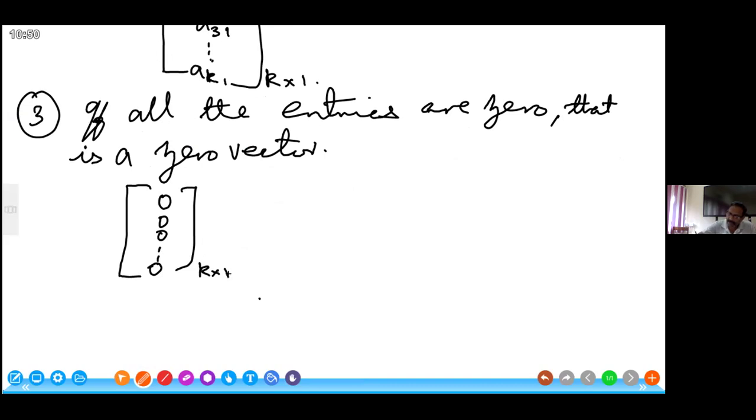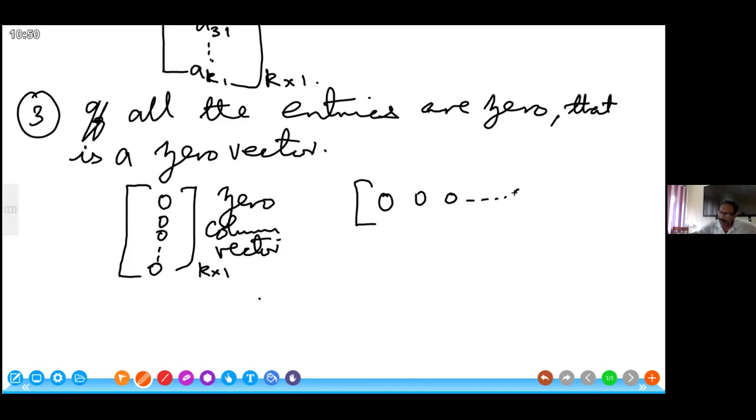This is called a 0 column vector. Similarly, 0, 0, 0, 0 with 1 into k is called a 0 row vector.